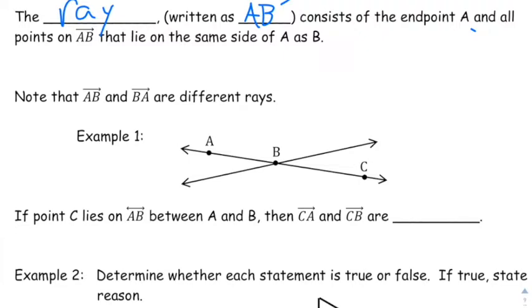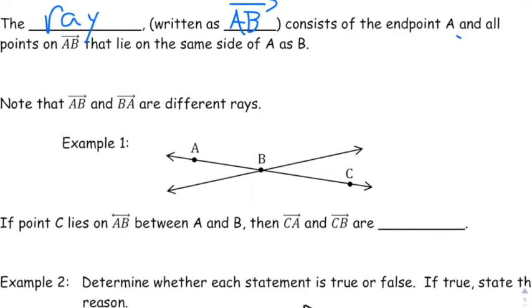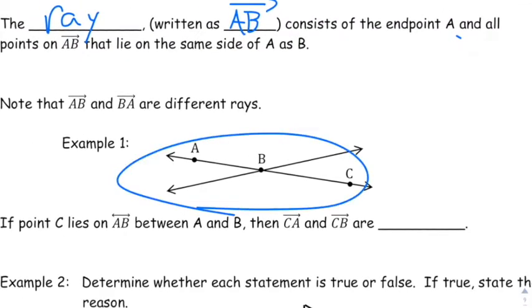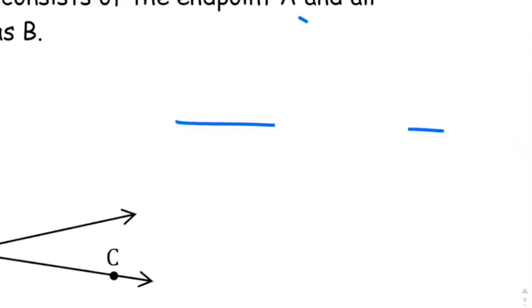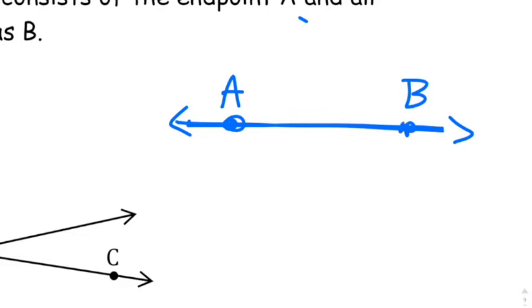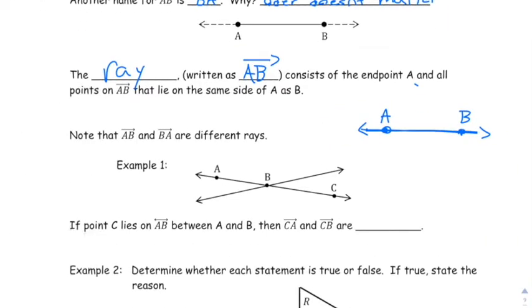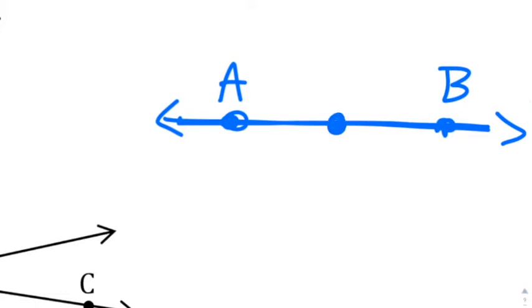Okay, if a point C lies between A and B on line AB, then CA and CB are blank. So let's draw that out, because this picture right here, the first time I taught this, kind of threw us off. So I'm going to draw another line here. We have A and B, this line AB, and then apparently point C is in between A and B, so we'll put that right here.